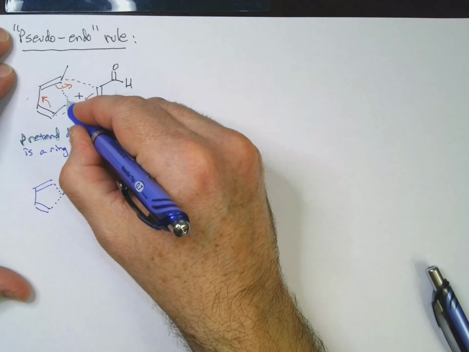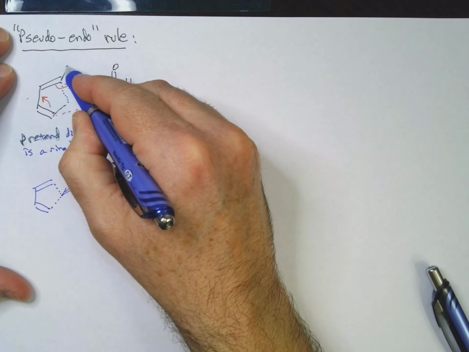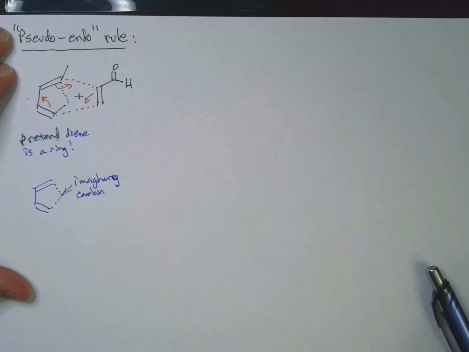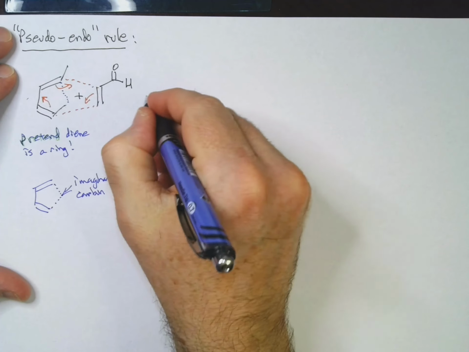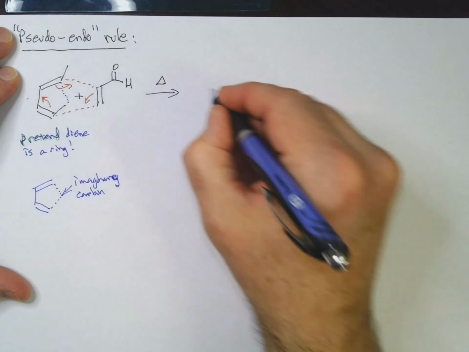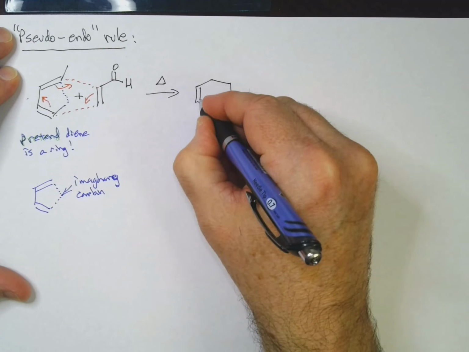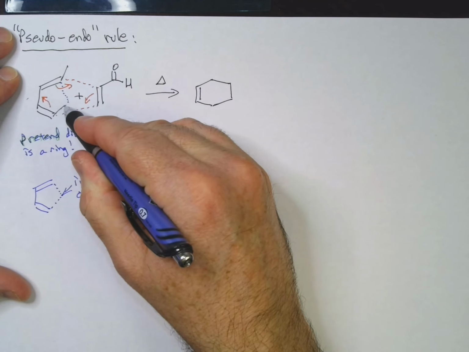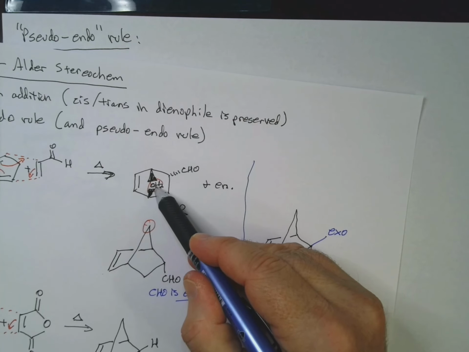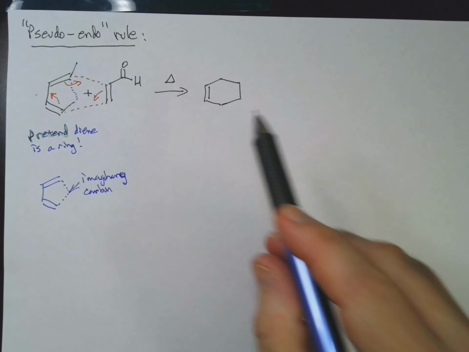All right, so our methyl is actually where the imaginary carbon would be, our methyl down here, and this methyl is not where the imaginary carbon is. So in our product then, let's see, remember when I first drew this, our methylene bridge, the CH2 bridge, was sticking up.